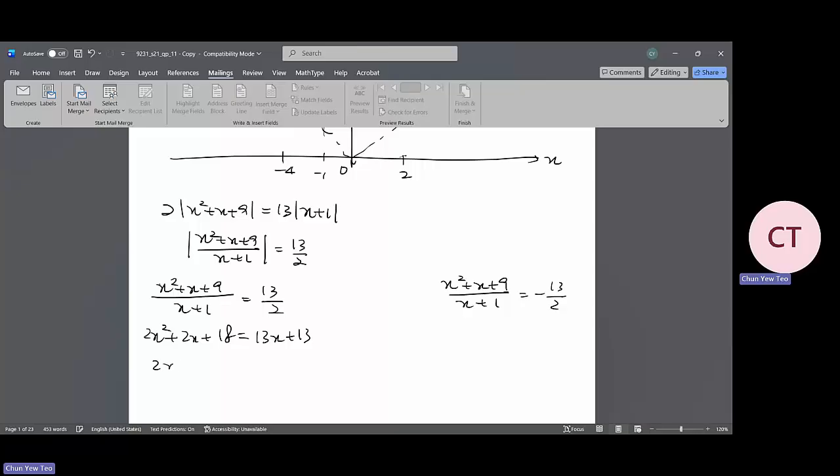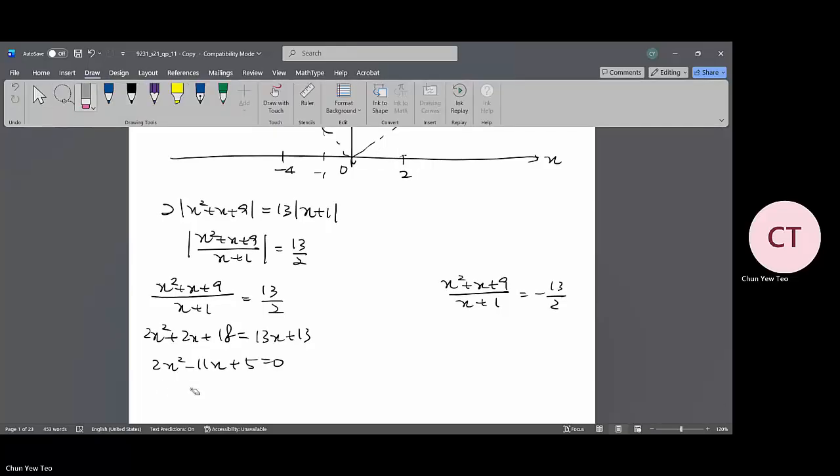Then you get 2x squared minus 11x plus 5 equal to 0. Factorize it. Then you get this. X is a half and x is a 5.